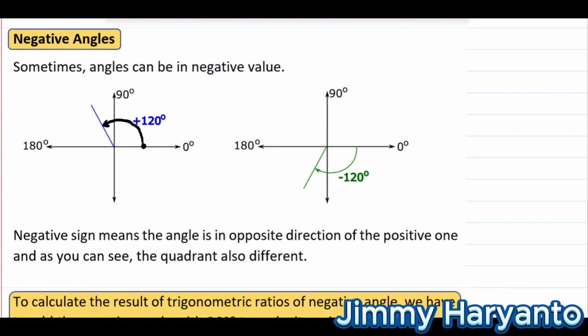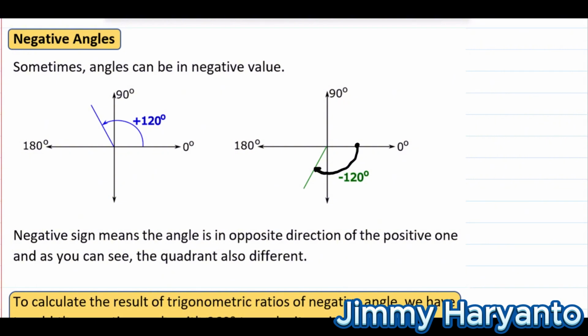Okay, let's say positive 120 degree. You will move it like this, counterclockwise from the x positive. For the negative value, you will move from the x positive also, but this time you have to move clockwise, as far as 120 degree. So negative 120 degree.